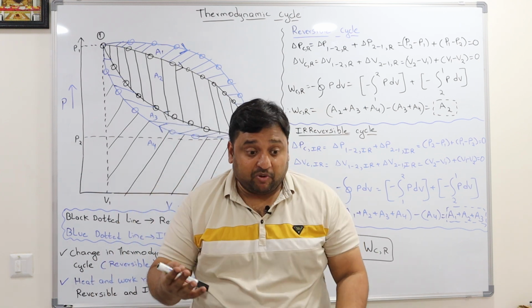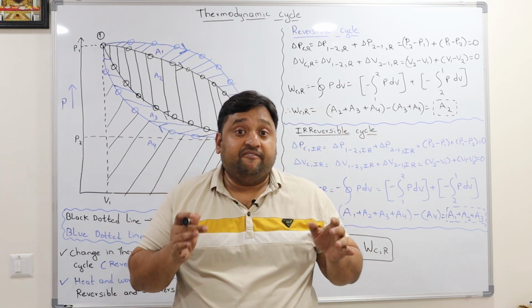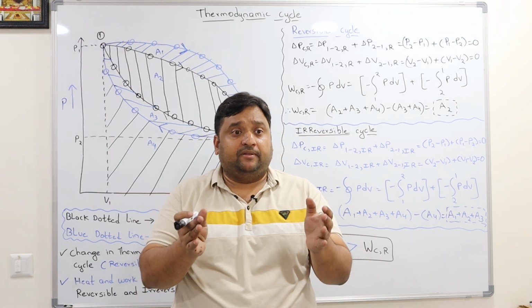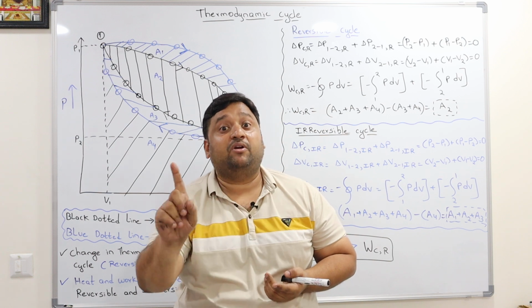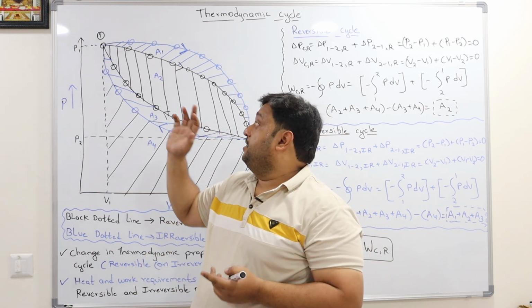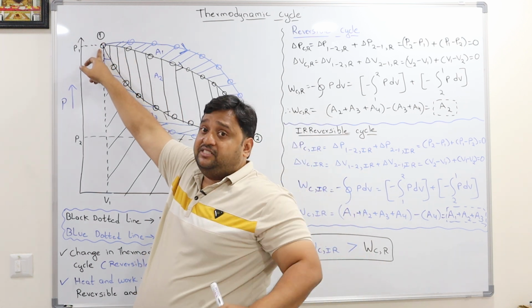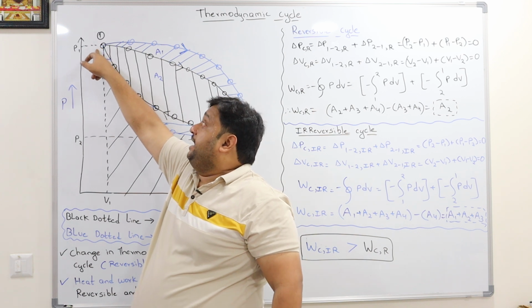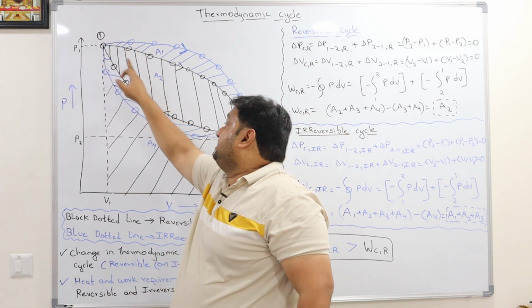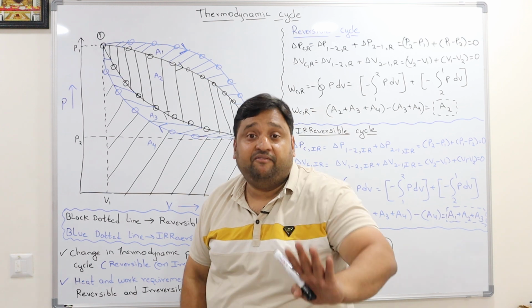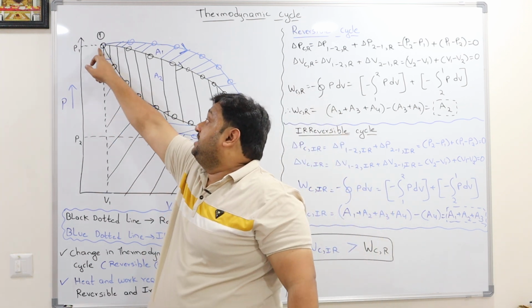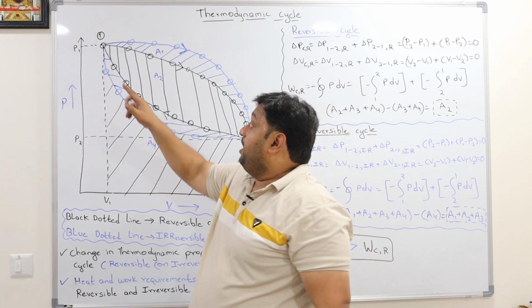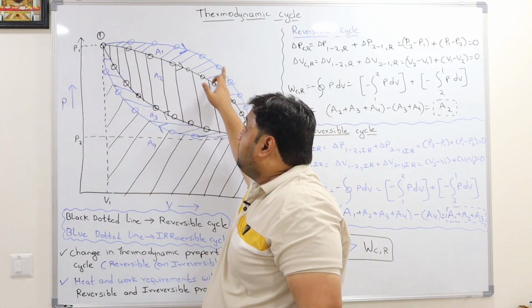That is so because, as we know, properties are state functions, whereas heat and work are path functions. State functions depend only on the initial state and final state. All the property values in thermodynamics depend only on the initial state and the final state. It won't depend on the way it has come.